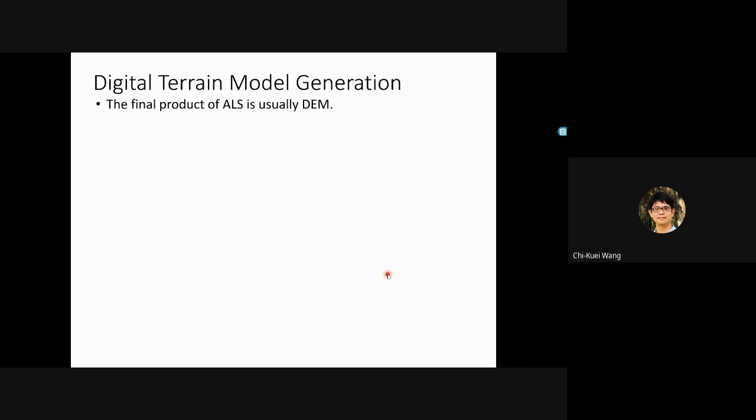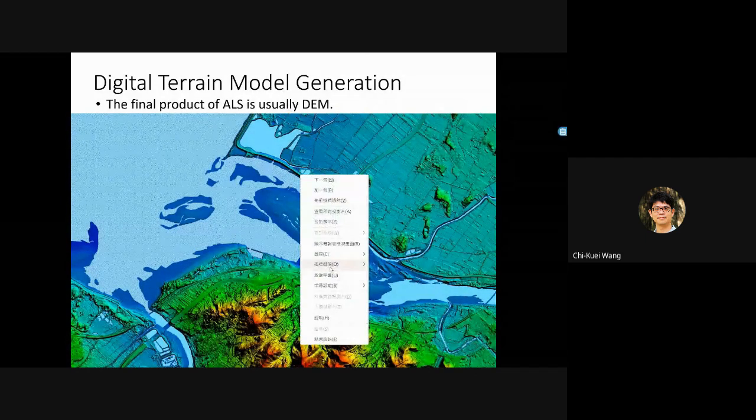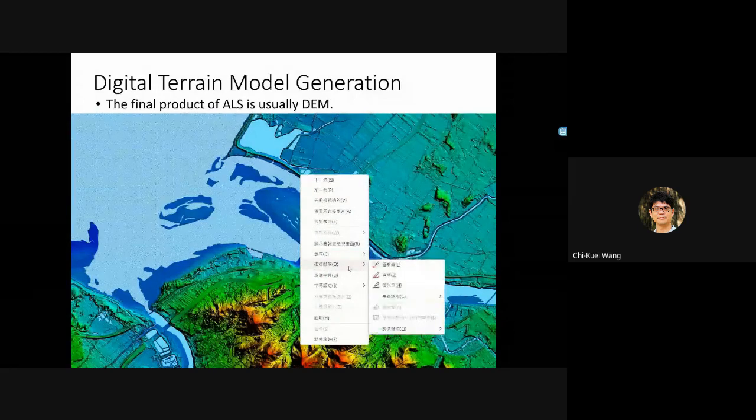So here I show you the DEM. The final product of an airborne laser scanner is usually a DEM. Don't worry about it, I'll explain what a DEM is later. So it's just a figure. You can see this is a small part of Taiwan.